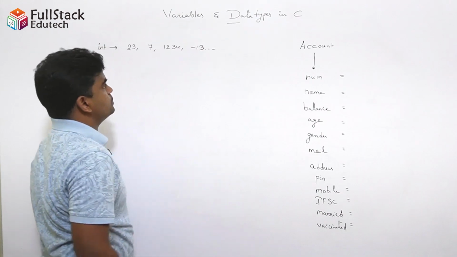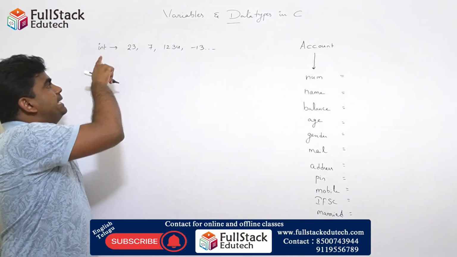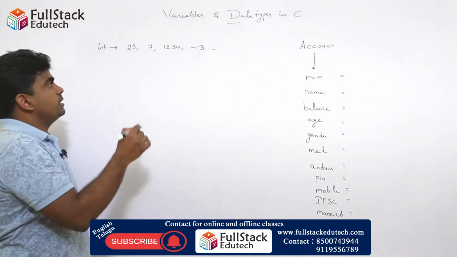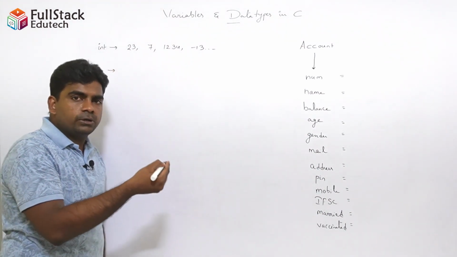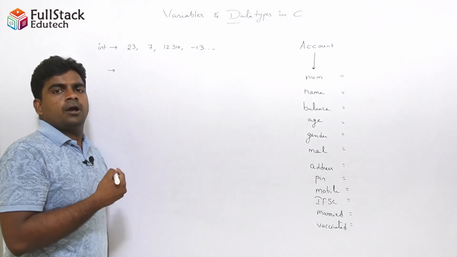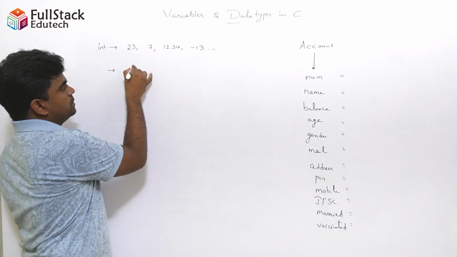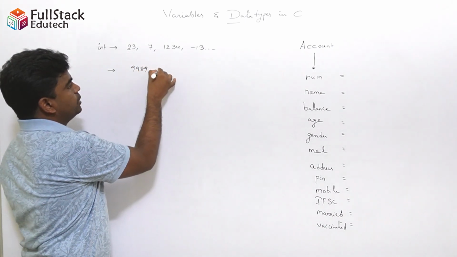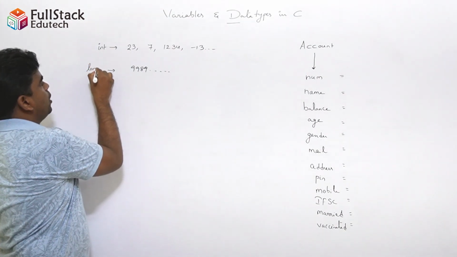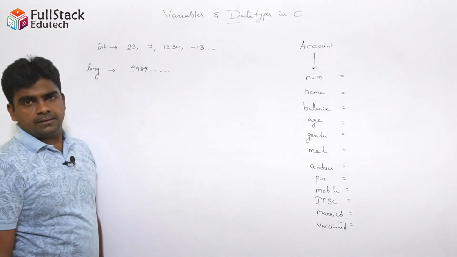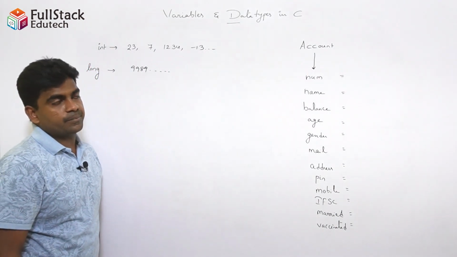These kinds of values you can store using the integer data type. Suppose you want to store long values, like an account number or mobile number, then you can go with the data type long integer.